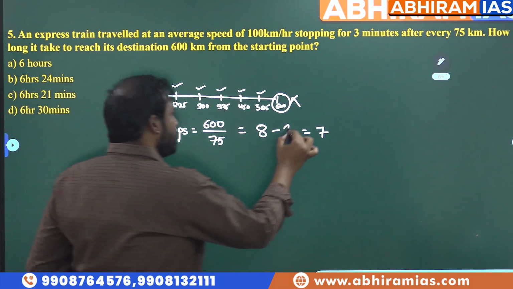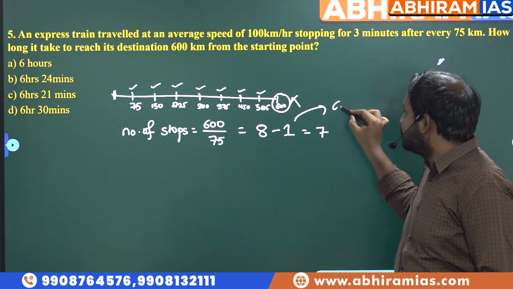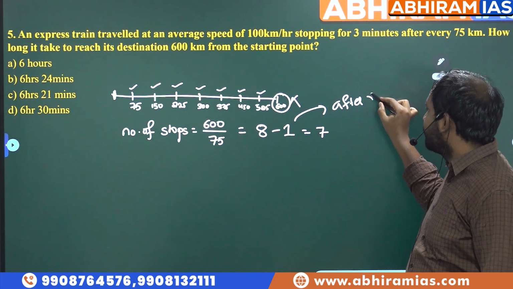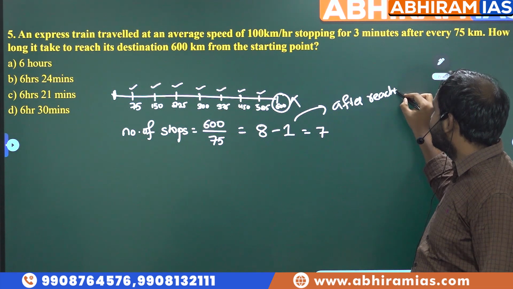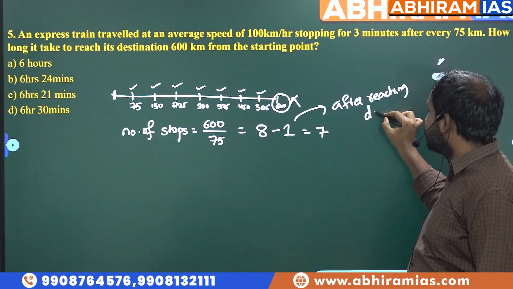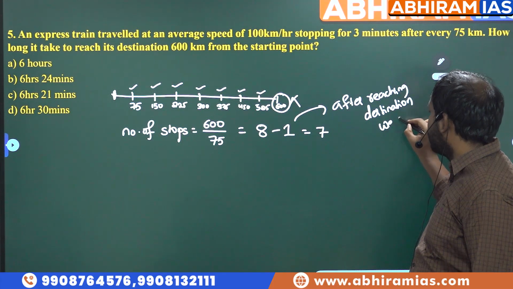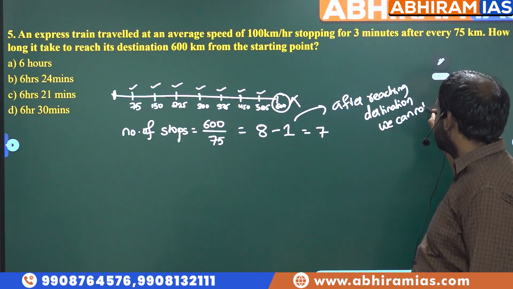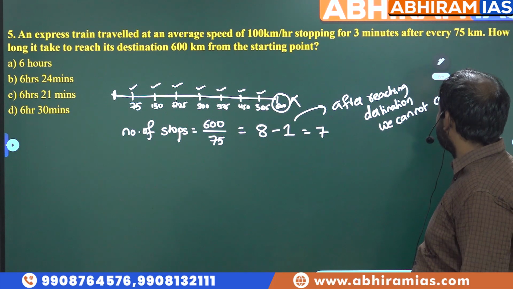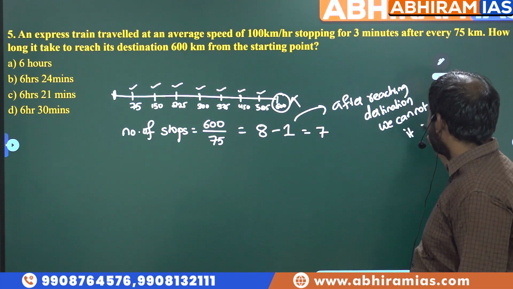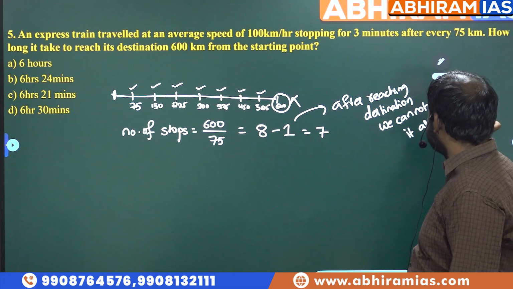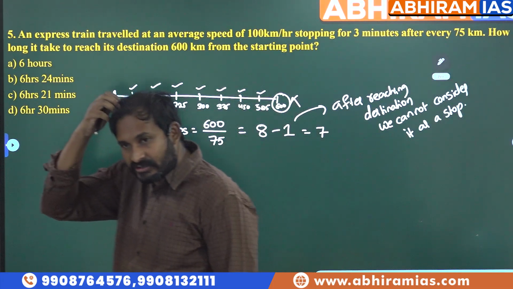Why we are doing -1 means after reaching the destination, we cannot consider it as a stop. That is the reason we will have only 7 stops.